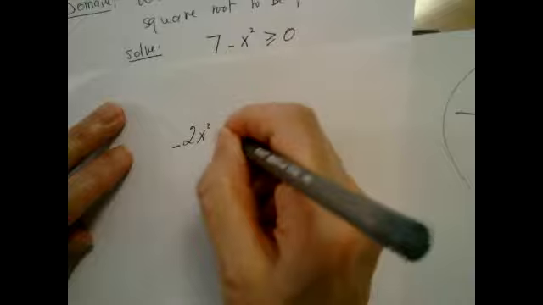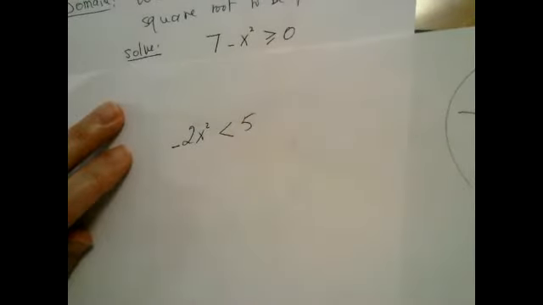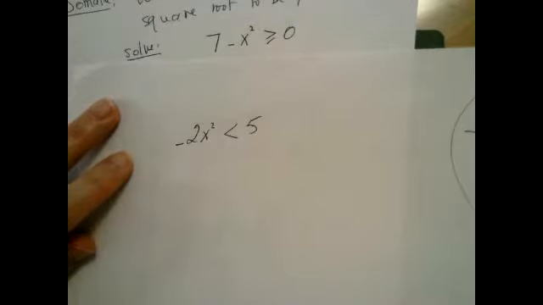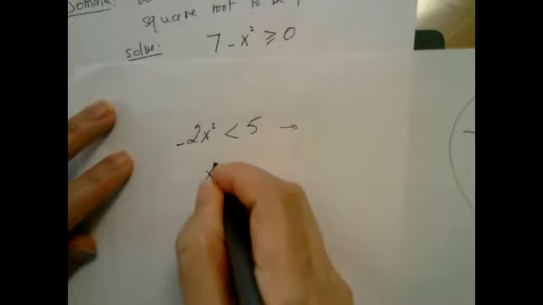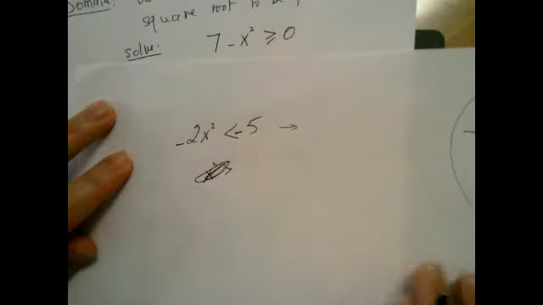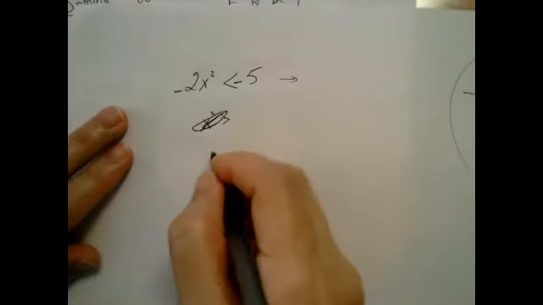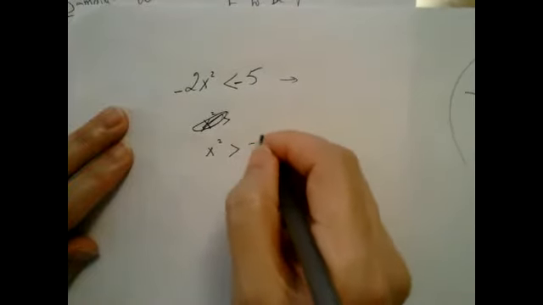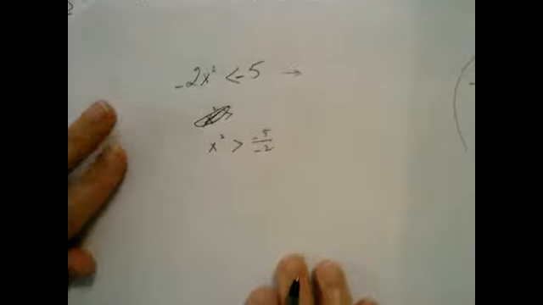But let us say, I'll make it up. Let us say you're solving this inequality. What would I do after that? Let me put -5. It means x squared is bigger than -5 over -2, you're absolutely correct.